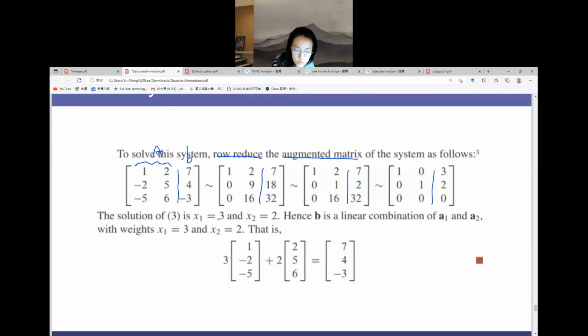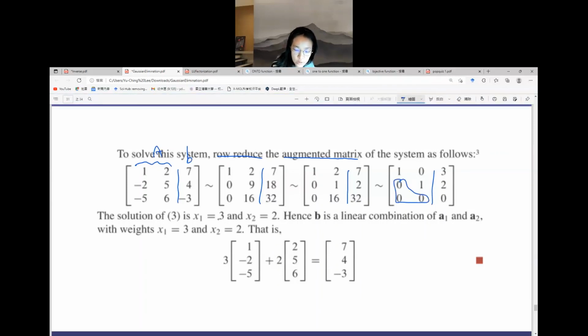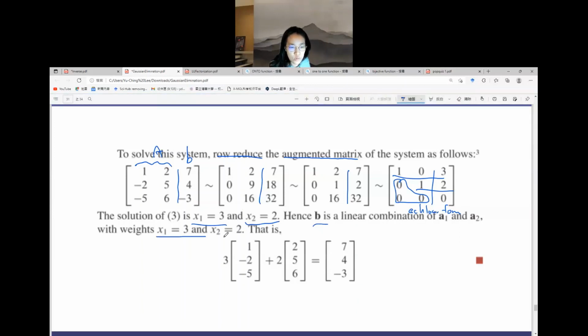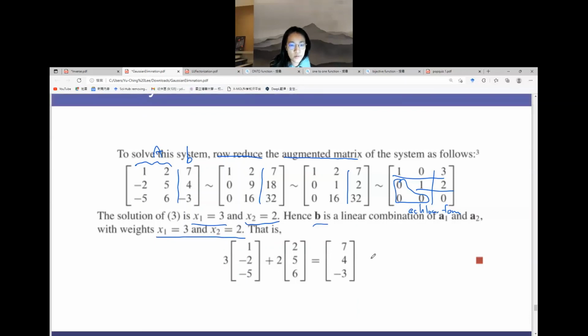Eventually we reach a form called echelon form, and then we solve the equation. We find that x2 equals 2 and x1 equals 3 can do the job. So b is a linear combination of a1 and a2 with the weights x1 equals 3 and x2 equals 2. So the answer is yes.